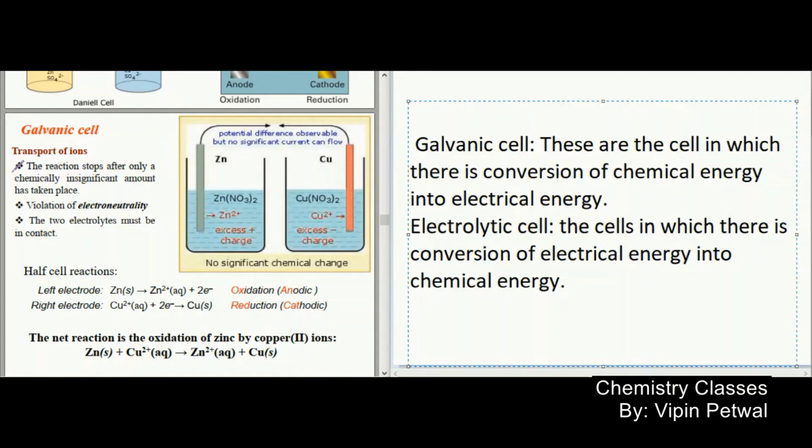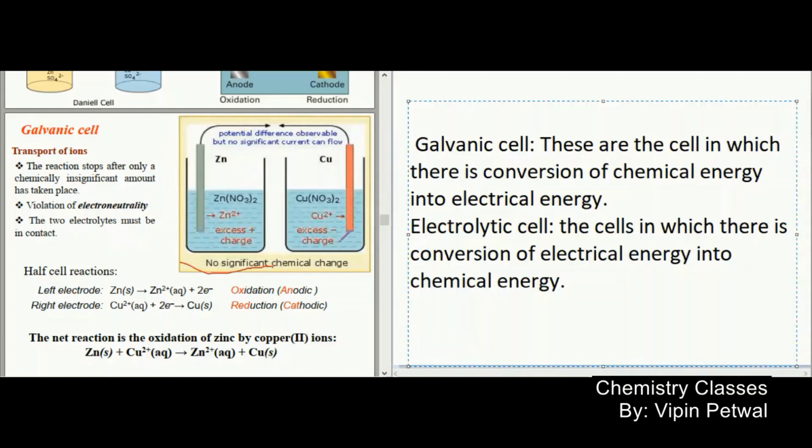Here we can see there can occur the transport of ions. The reaction stops after only a chemically insignificant amount has taken place, due to violation of electron neutrality. The two electrolytes must be in contact. So simply we can see here this is the galvanic cell.